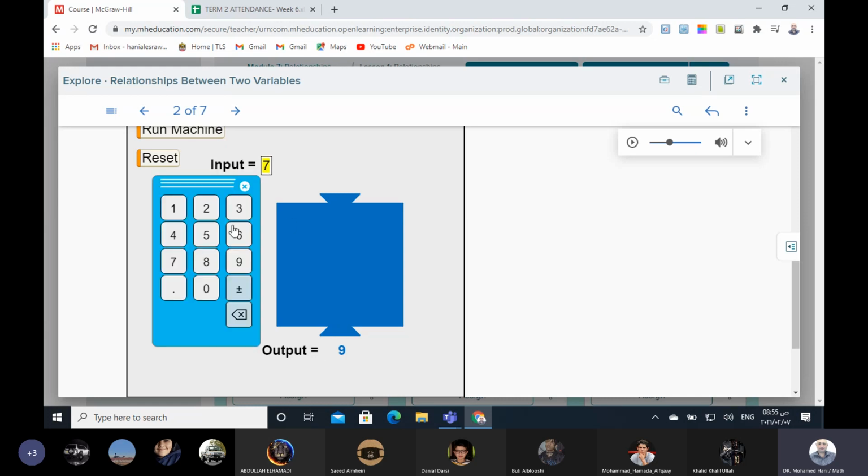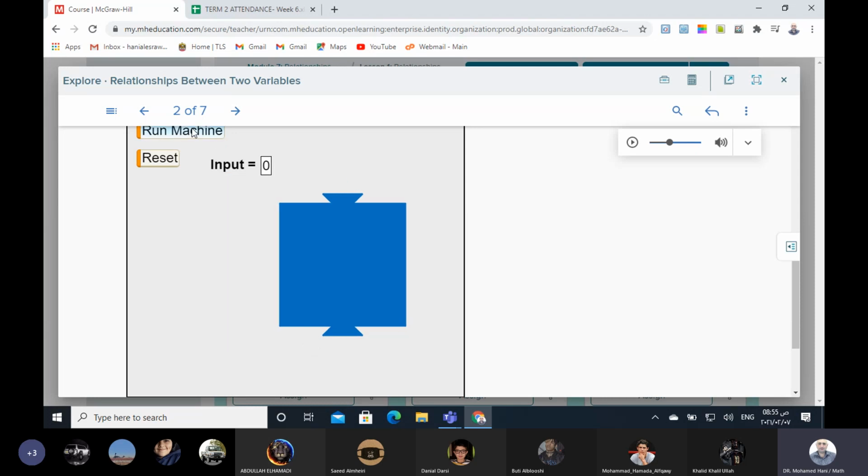Right, the last example here, suppose we put 0 in the run machine. As you see, we get 2. This is the meaning: input means the value that enters this machine. Then the machine adds 2 to the input, and we get 2, the answer.